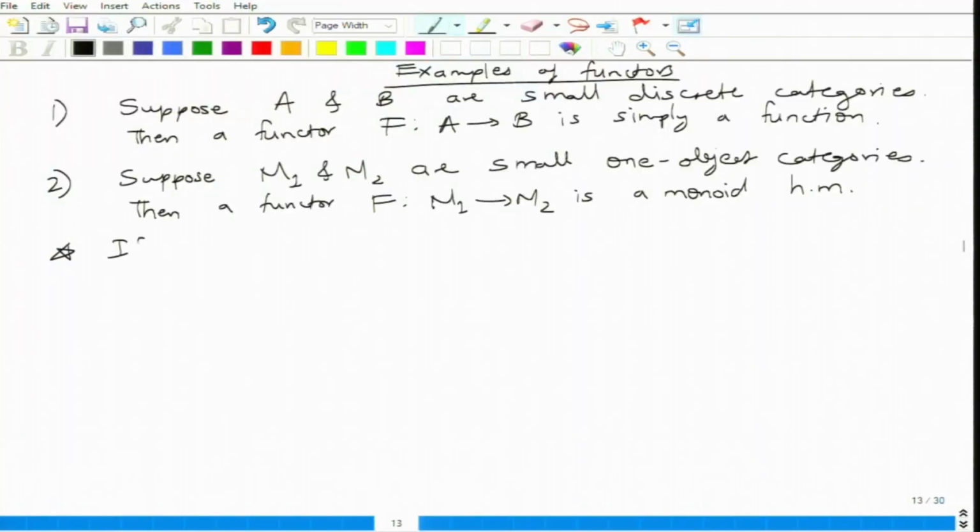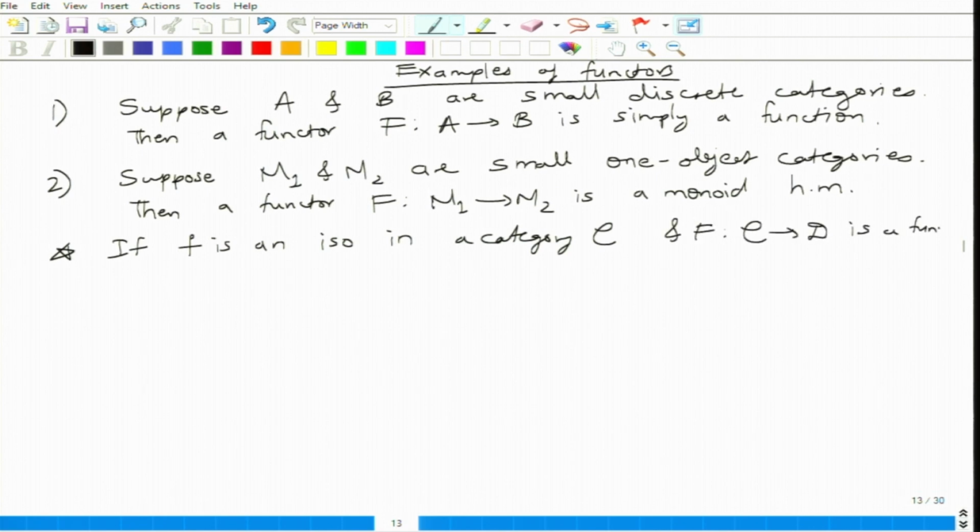So I'm just going to write it as a property. If f is an iso in a category C and F is a functor, then F(f) is an iso with, what is the inverse of F(f)?